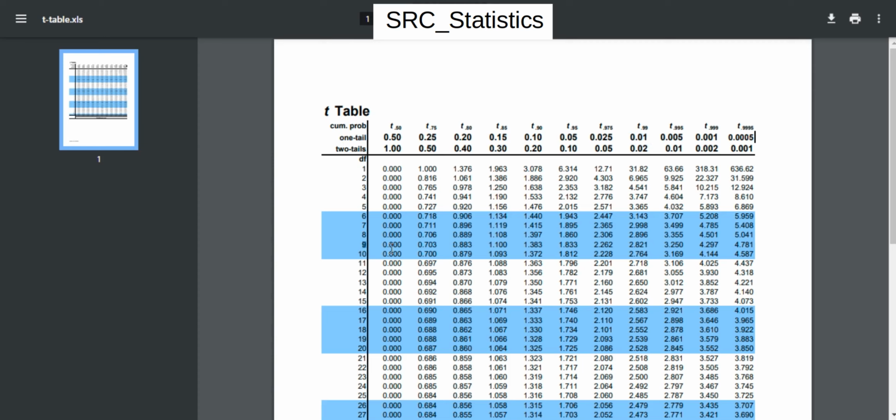So we choose the row for 9 degrees of freedom and choose the column for 0.01. The intersecting cell is 2.821. So this is the critical value of t for a one tail test, alpha equal to 0.01 and 9 degrees of freedom.